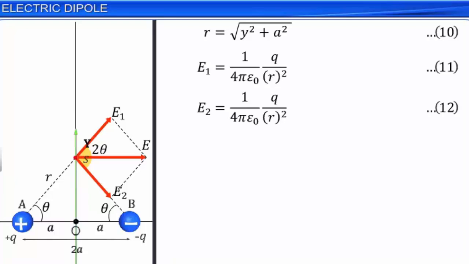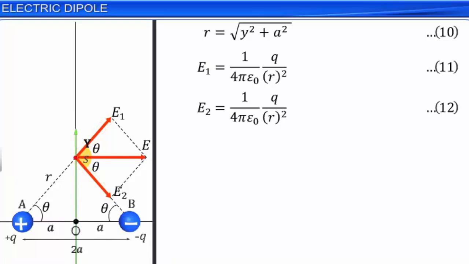Since the magnitudes of E1 and E2 are equal, lengths of the vectors representing E1 and E2 are also equal. Hence, the diagonal of the parallelogram formed by the vectors E1 and E2 as sides bisects the angle 2 theta. Thus, the resultant of E1 and E2 makes an angle theta with the direction of both E1 and E2.